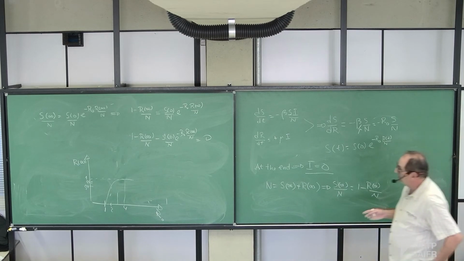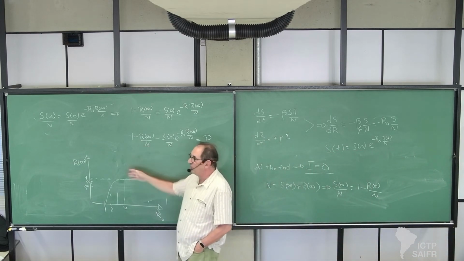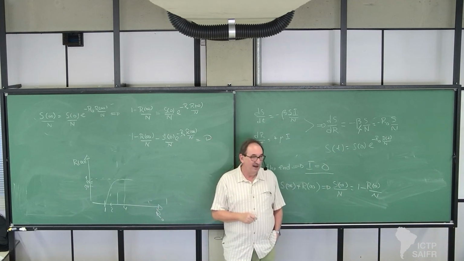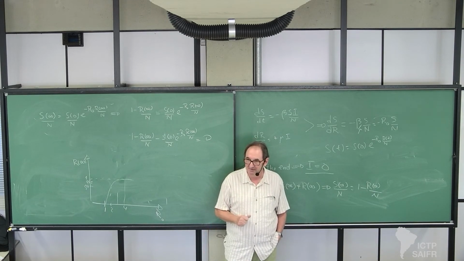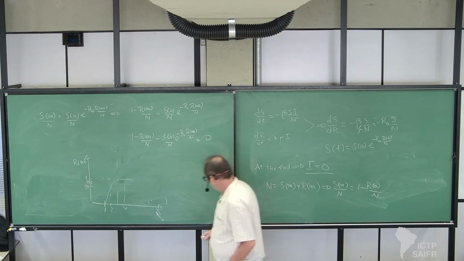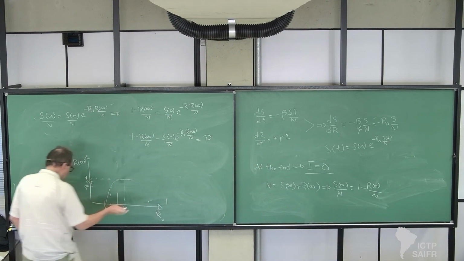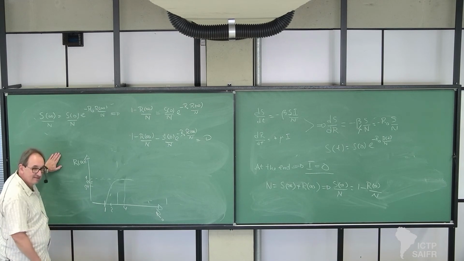And you see the final size of the epidemic depends only on R0. And this will be true for almost any model. You can do the same calculation. It's a little bit more difficult, with more compartments and so on, but at the end this is always the case.